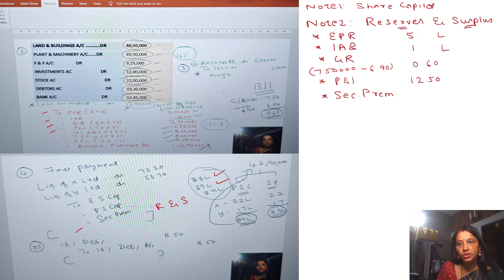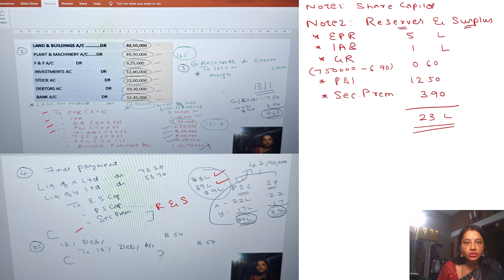You have a securities premium of 3.9 lakhs. So after taking all these things, you will total. So the total comes up to 23 lakhs. So reserves and surplus comes up to 23 lakhs.